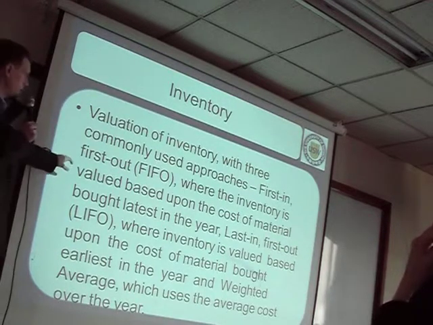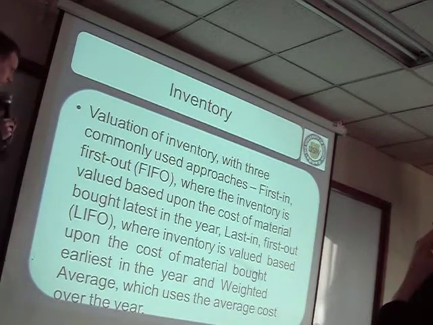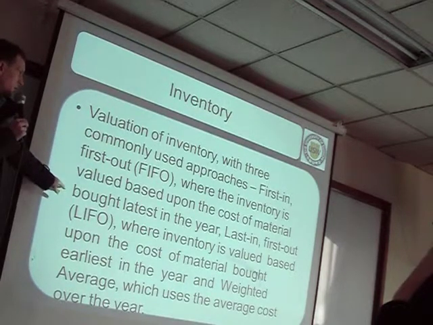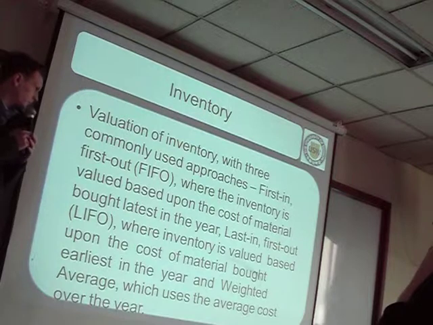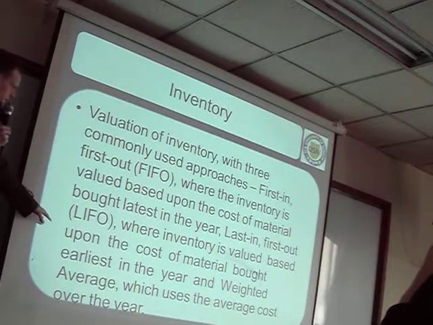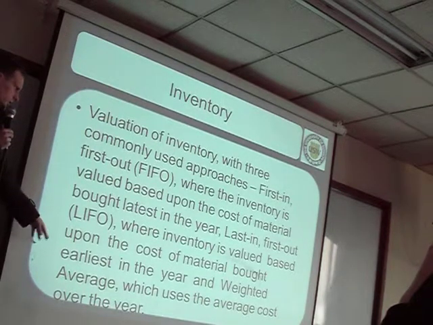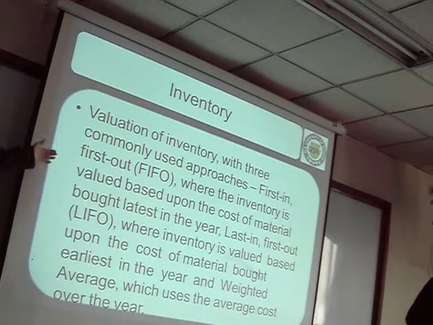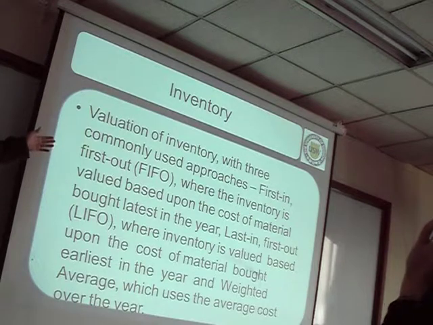So one way is first in, first out. So the inventory is valued based on the cost of the material bought latest in the year. And then last in, first out, where the inventory is based upon the cost of the material bought earliest in the year. So the snack price could go up during the year, right?